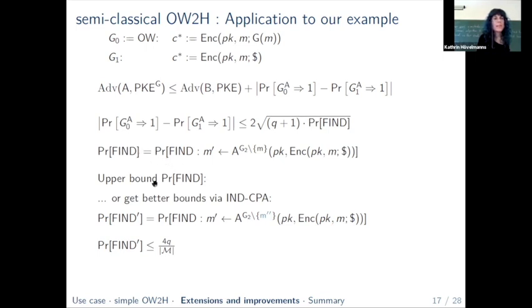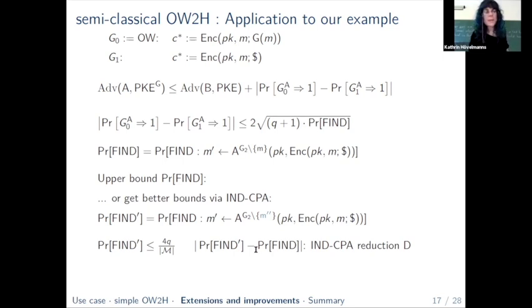So that's already nice, but we still have to upper bound the distinguishing advantage between find and find prime. And to this end, we can give a CPA reduction T that will just pick random M prime prime, random M, forward it to the CPA game, and use the ciphertext it gets as input to forward it to A and puncture on either of these messages.